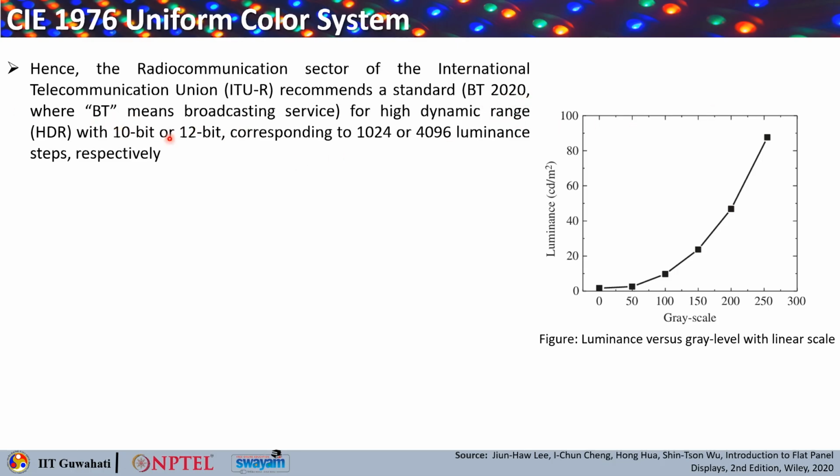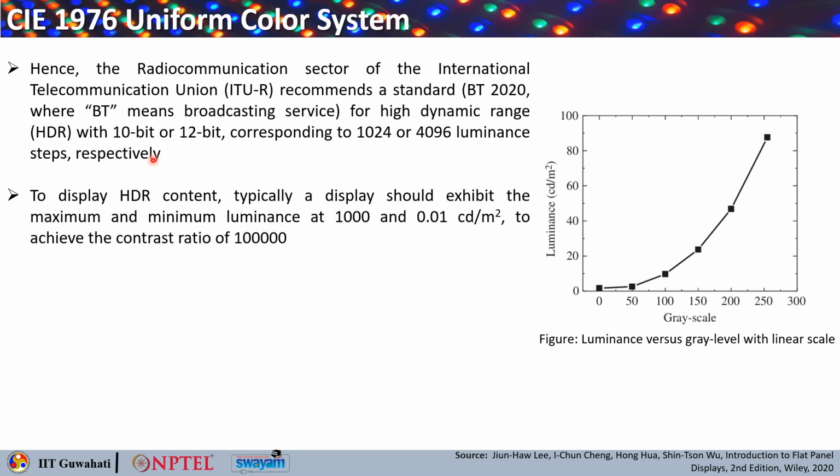BT stands for Broadcasting Services, that is for the high dynamic range, HDR. Okay, so that uses 10-bit or 12-bit. So you basically have more luminance steps now. With 10-bit you can have 1024, and with 12-bit you can have 4096 luminance steps.